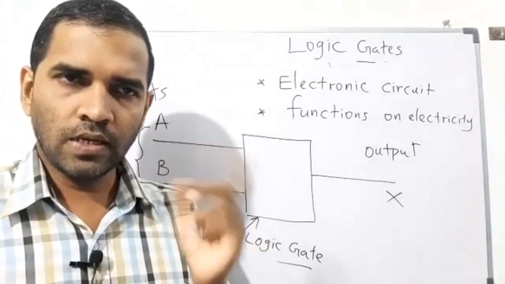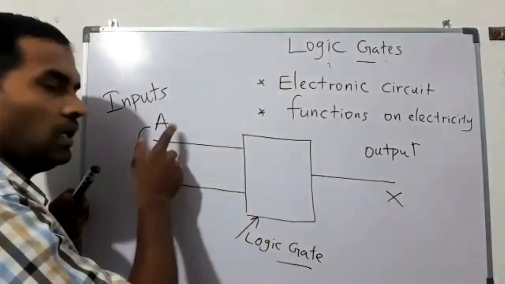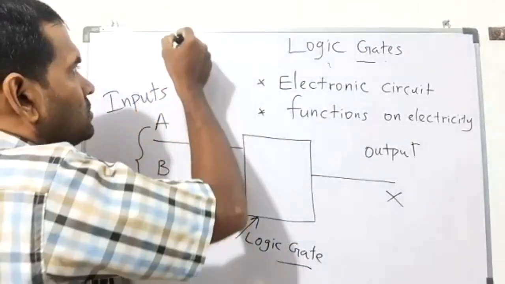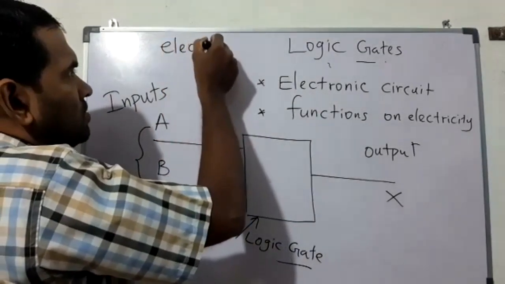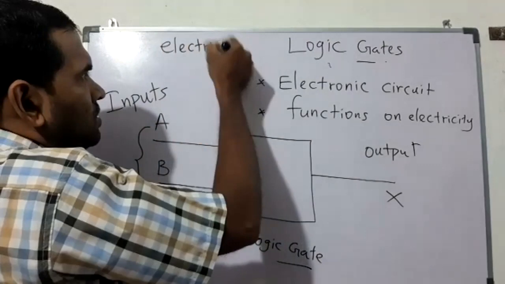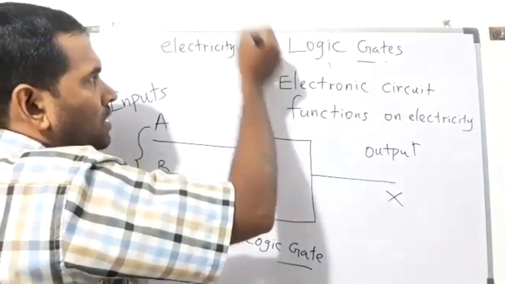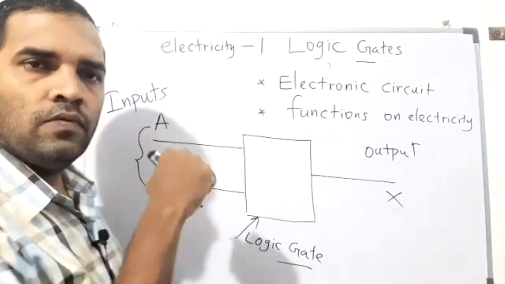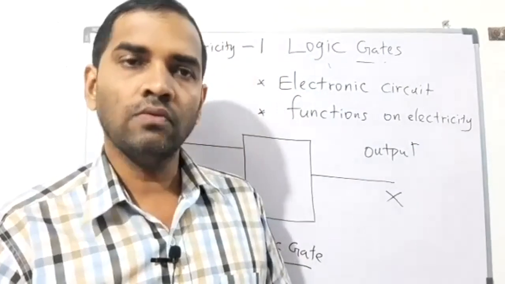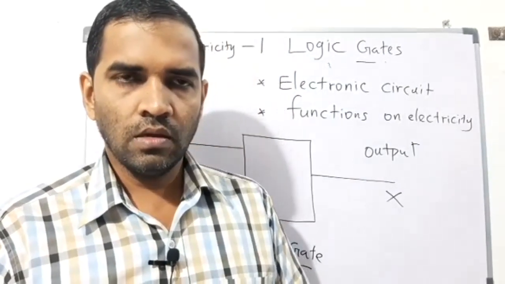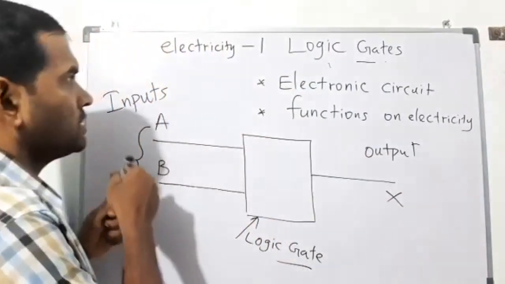When an input has electricity, it can be taken as 1. Assume that input A has electricity. So when an input has electricity, it can be taken as 1, okay? If it is 1, it means there is electricity in the wire. If a wire doesn't have electricity, it can be taken as 0.